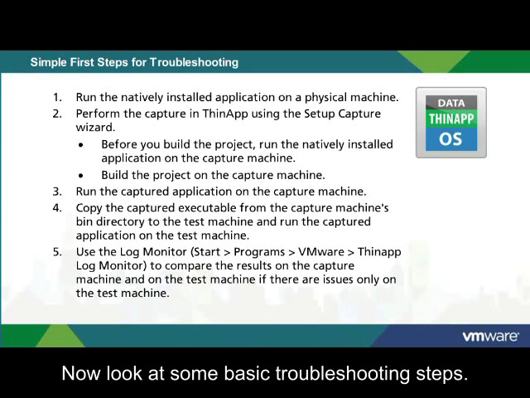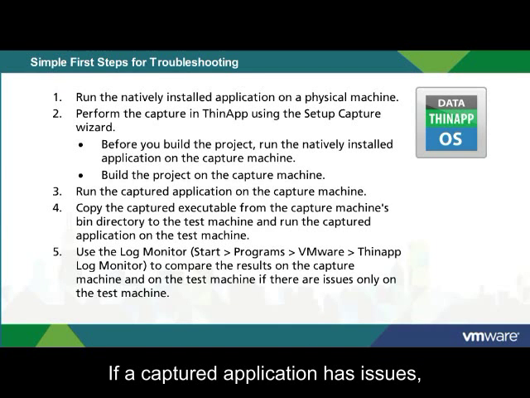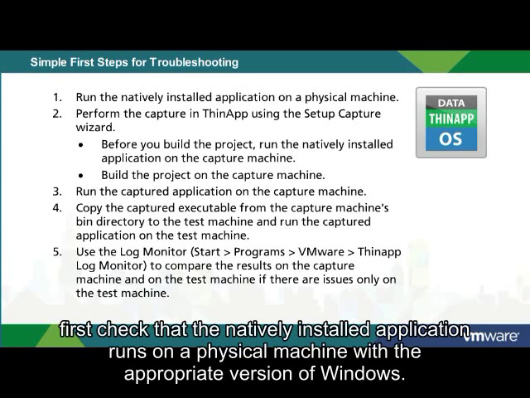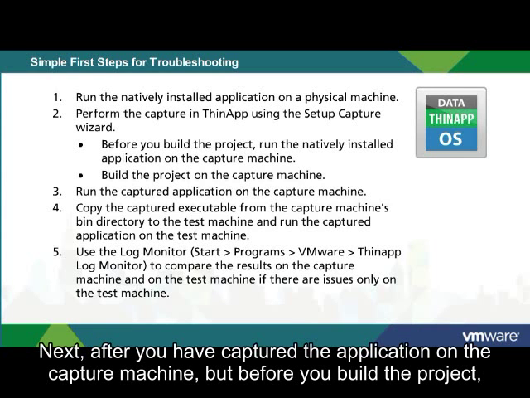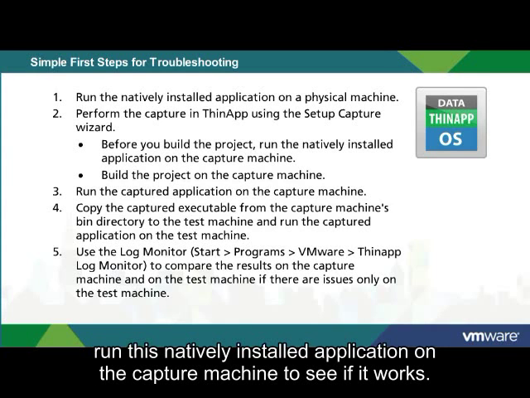Now look at some basic troubleshooting steps. If a captured application has issues, first check that the natively installed application runs on a physical machine with the appropriate version of Windows. Next, after you have captured the application on the capture machine, but before you build the project, run this natively installed application on the capture machine to see if it works.